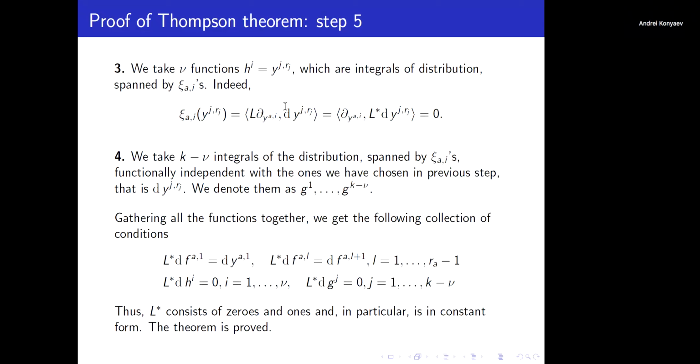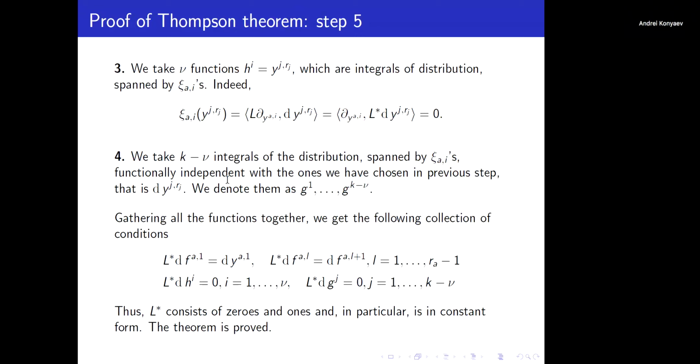So what we did, we took all the y's functions and split them into groups. One went into the f collection, and one went into the integral collection. And in the end, we still do not have enough functions. We already have m functions, and we have new functions, integrals.